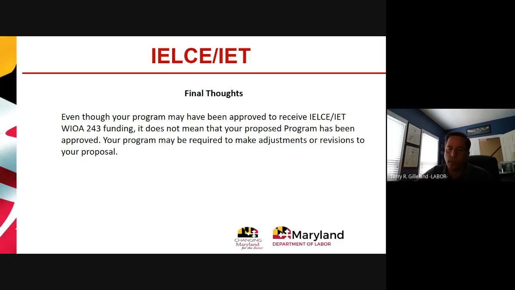Some things have changed the last quarter of this fiscal year. But when we've got programs returning 50% of their funding, their IELCE funding, at the end of the year, that's a concern to me. And I'd rather get those best practices shared across programs, so that we don't have programs returning money, they're spending it, so that they're putting that money to use for Marylanders that can benefit from it.